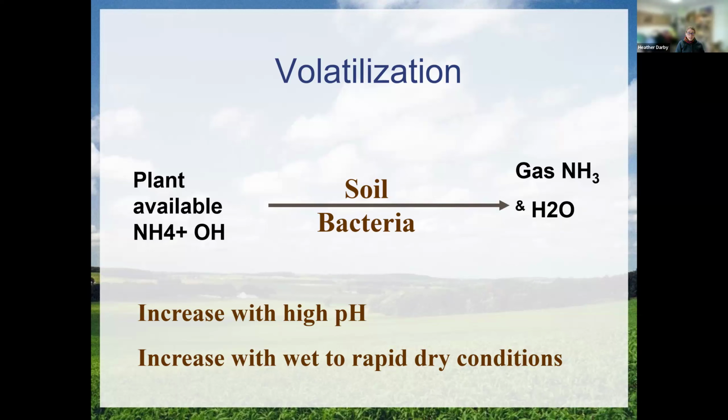So we see the highest losses when we have warm conditions and wet soils, and then let's say high wind. Okay. So you put out fertilizer, the soil's relatively moist, or maybe it rains, and then all of a sudden, it gets hot, sunny, windy. That's when we see this quick loss of nitrogen.